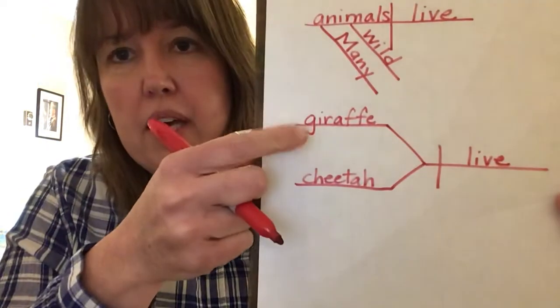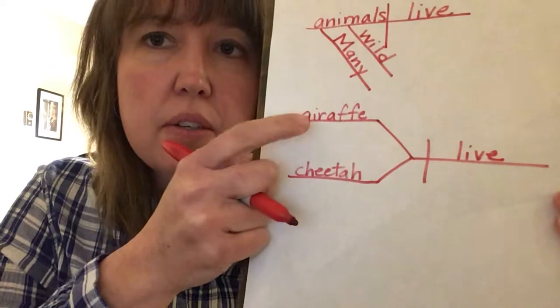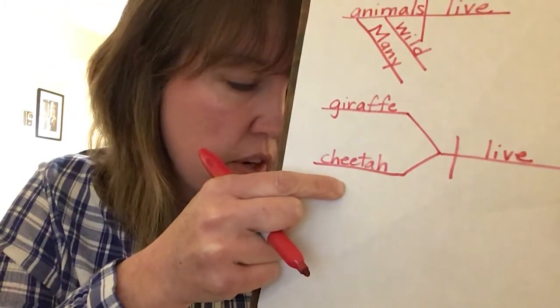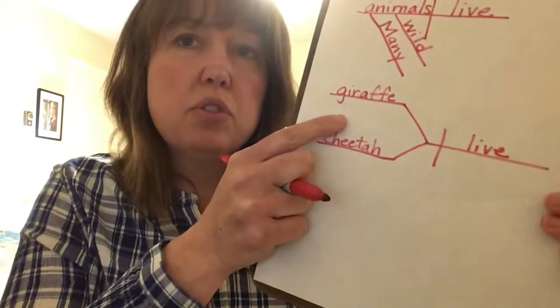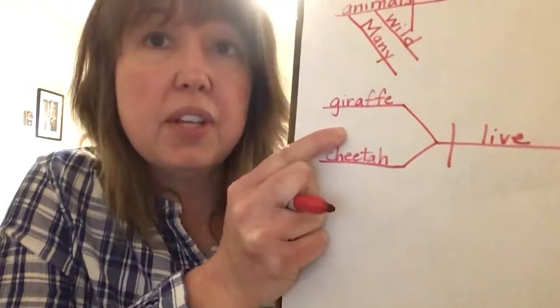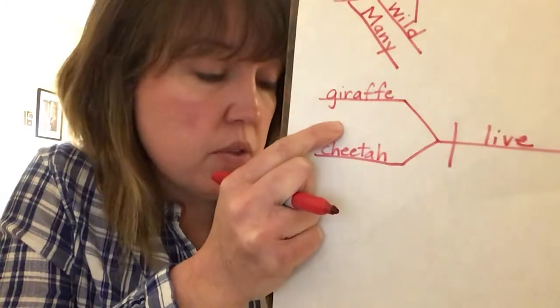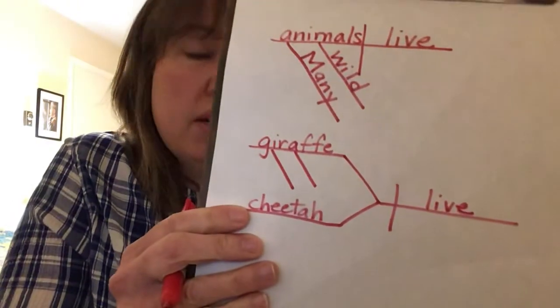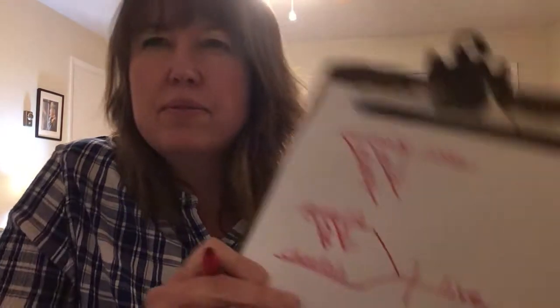Now, we have 2 adjectives describing giraffe and 2 adjectives describing cheetah, right? So what adjectives describe giraffe? Remember we learned that articles are also adjectives. So the, tall. Okay, so you're going to do your 2 lines under giraffe and then write the with the capital T, tall.